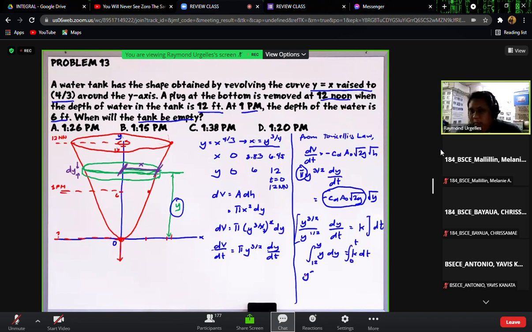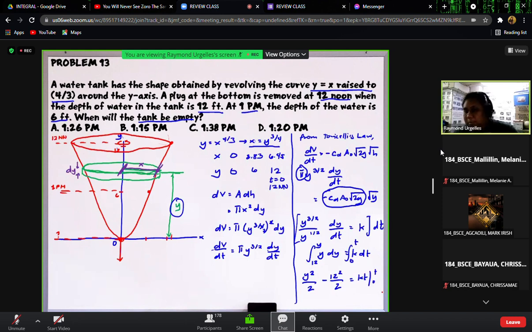So then you will get y squared over 2 minus 12 squared over 2 equal to kt, evaluated from 0 to t. So this will be given by y squared minus 144 is equal to 2kt. So this is our formula na pwede natin gamitin sa problem.